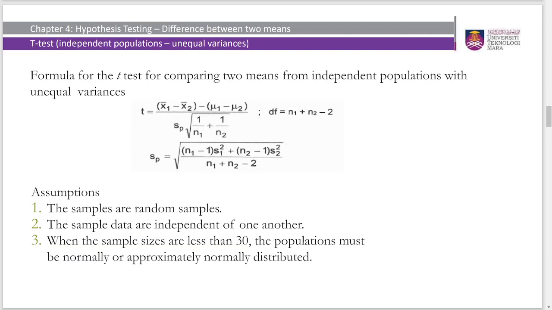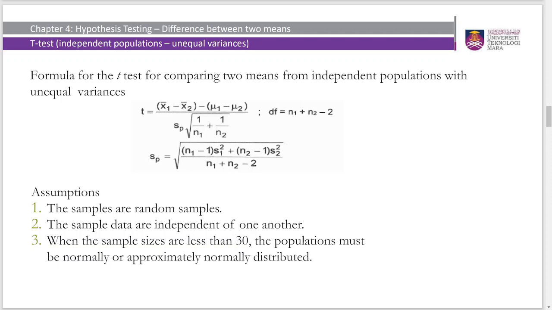SP is given by the square root of n1 minus 1 times s1 squared plus n2 minus 1 times s2 squared, the whole thing divided by n1 plus n2 minus 2. And the degrees of freedom here is equal to n1 plus n2 minus 2. So this is how you calculate the degrees of freedom.